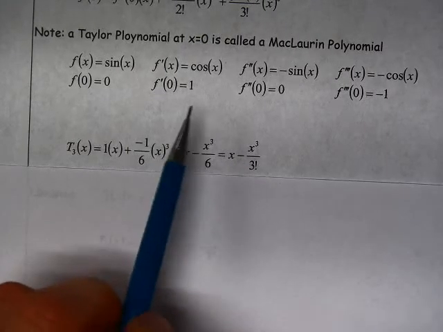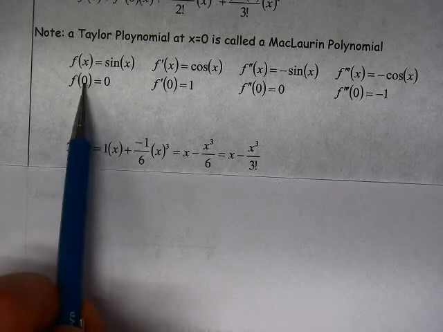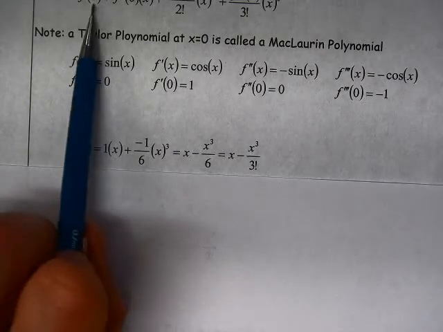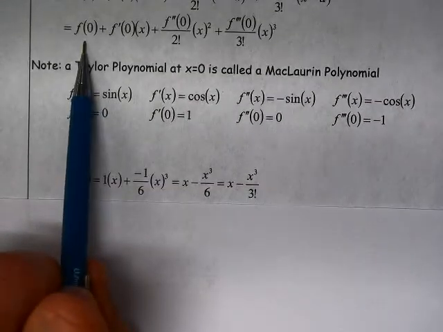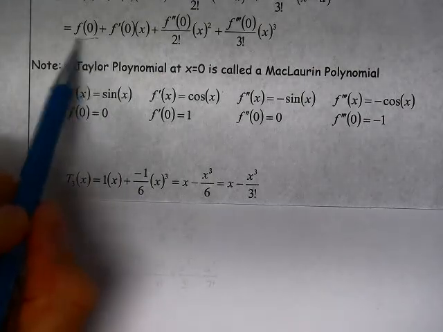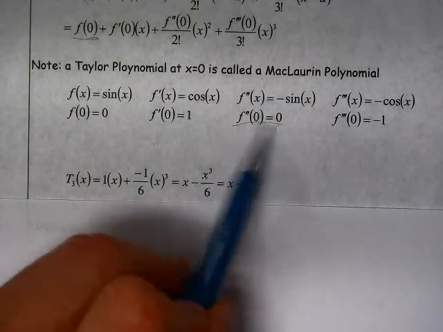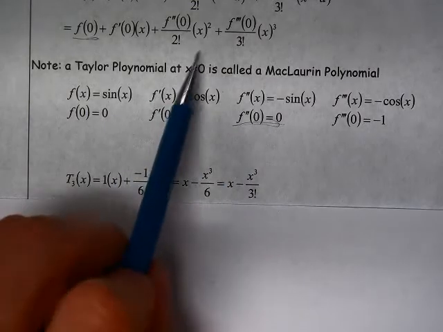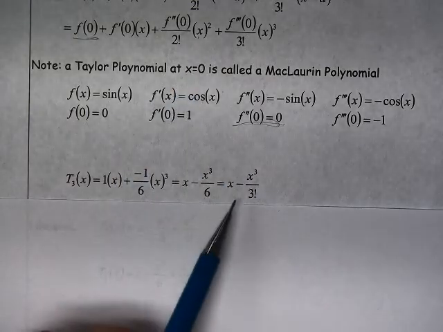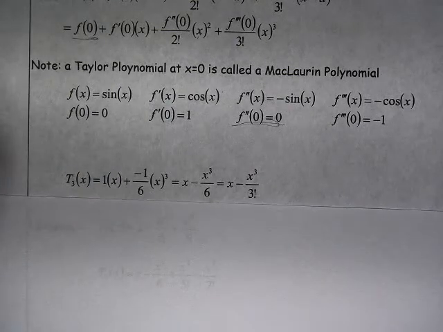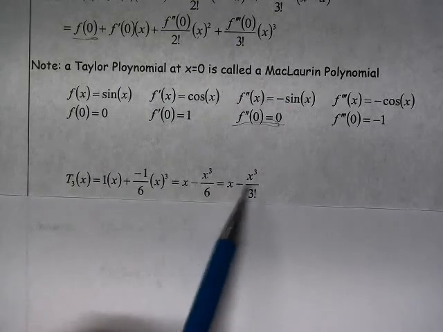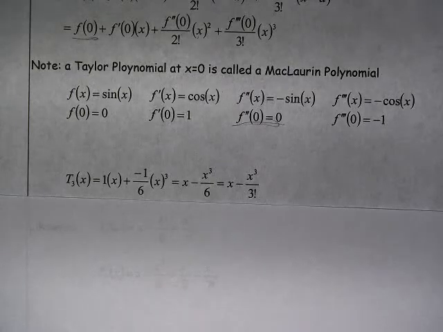Notice here that f of 0 is 0, so this first term completely goes away. I don't have a constant term for sine of x. And the second derivative is 0, so the x squared term completely goes away. So for sine of x, you can see that I only have the odd powers of x and their associated coefficients.